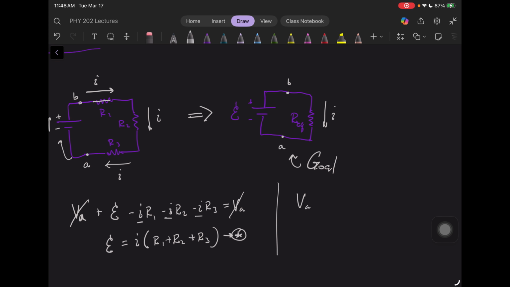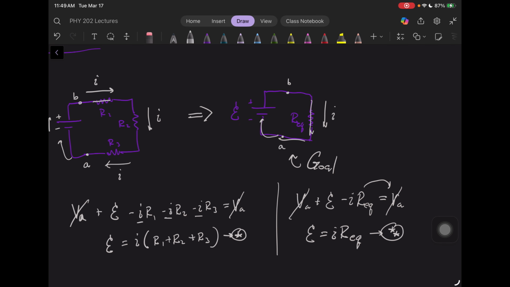Start out at VA, and then we go up here, so plus E, and then we go down through here, so minus I REQ, and we're back to our starting potential. We can cancel these out, move this to the other side, and we get the EMF is equal to I REQ. And we'll double star that one.